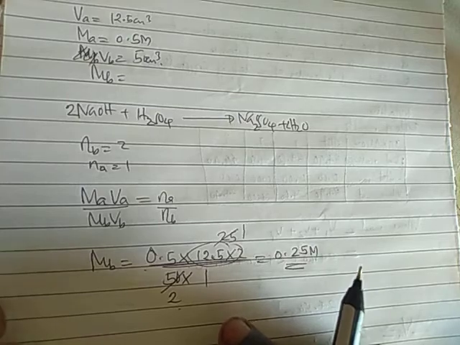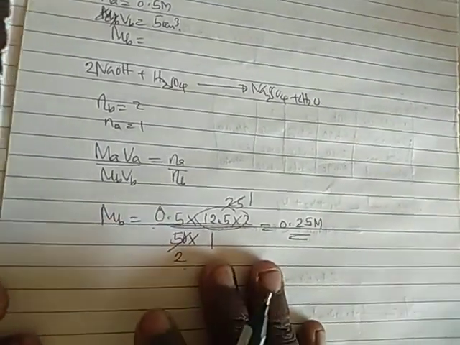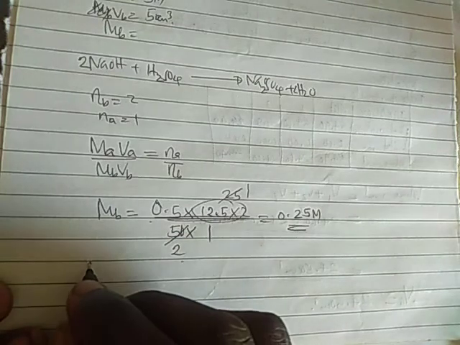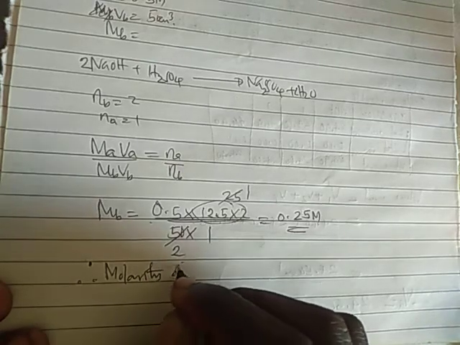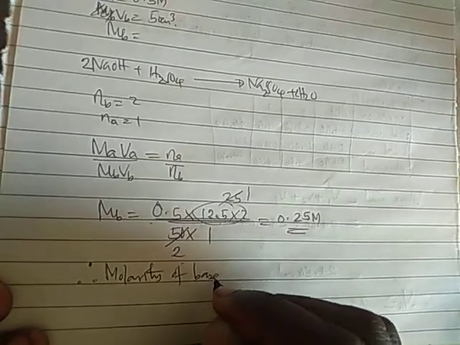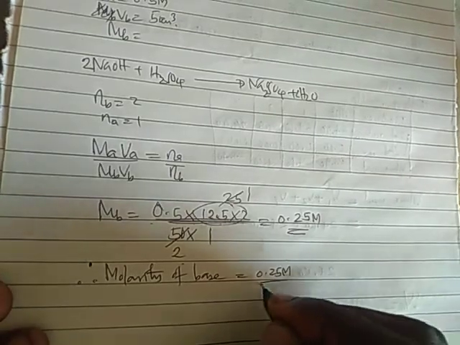So in terms of calculation tukiwa tunasolve hii ndo molarity of base. Hapa kwa mfano kwa swali letu tunaweza kusema to therefore molarity of base is equal to 0.25 M.